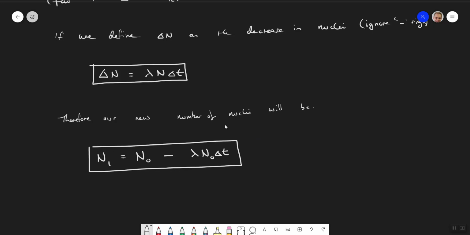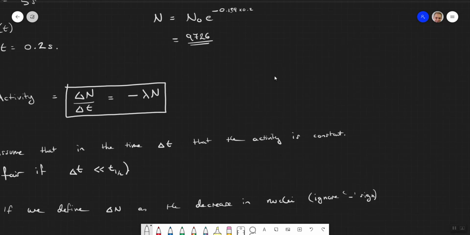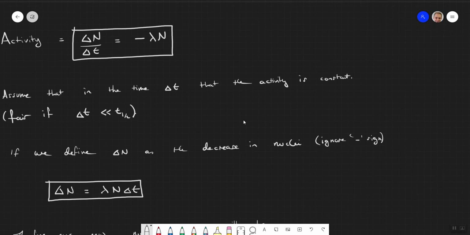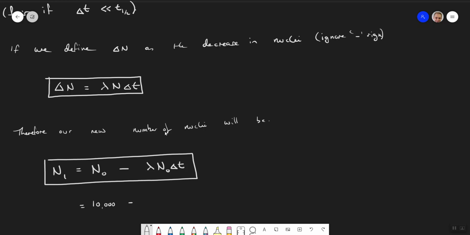So let's do that. We know that N0 is 10,000, minus lambda, which we worked out, 0.139, times delta t, 0.2. So we've got 10,000 times 0.139 times 0.2.